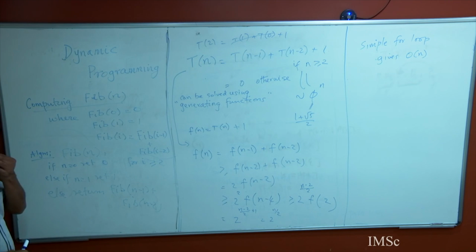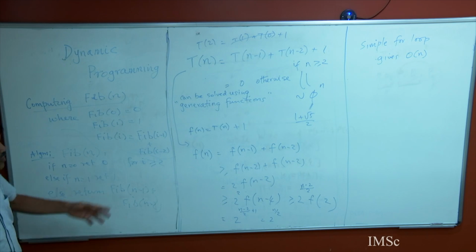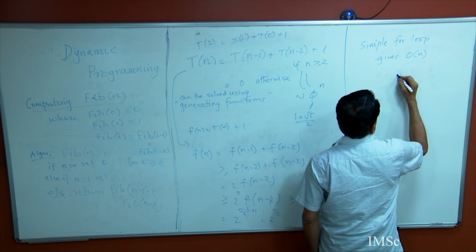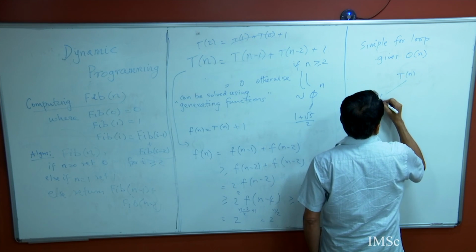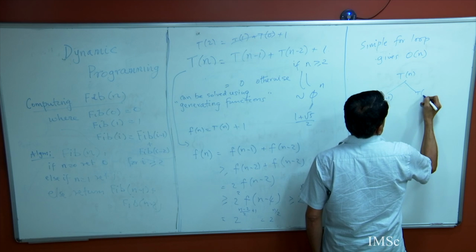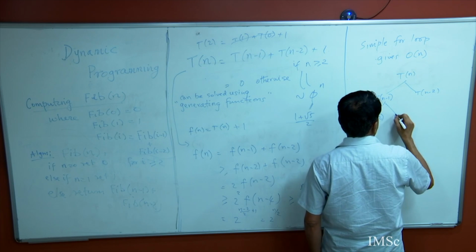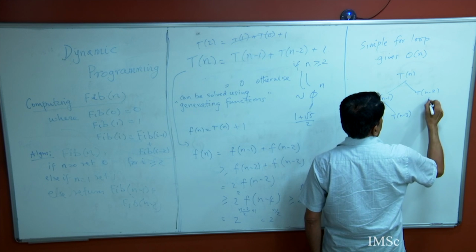Okay. So why is this happening? That takes us to what he was pointing out: if I expand this recursion tree the way you said, to compute t of n, I have t of n minus 1 and t of n minus 2. And then to compute t of n minus 1, there is t of n minus 2, t of n minus 3.